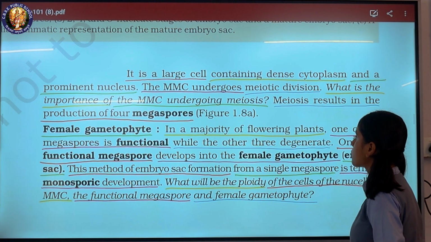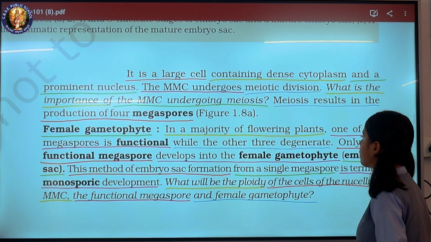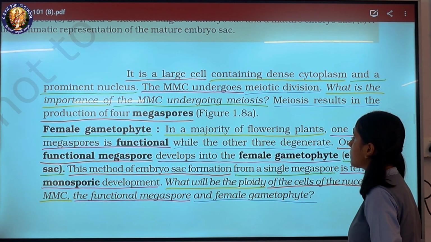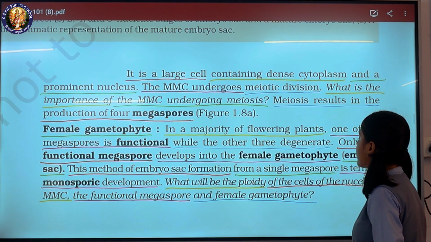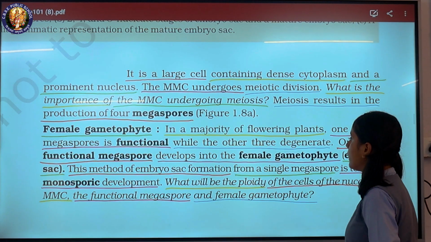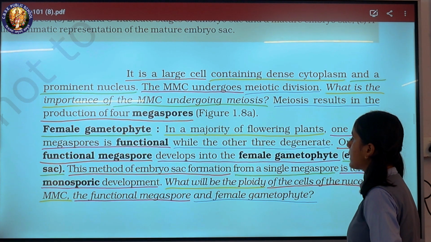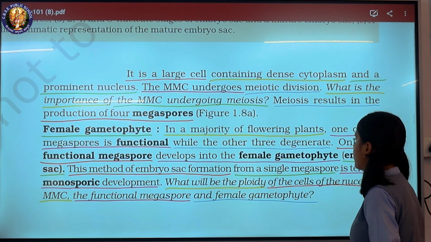Only the functional megaspore develops into the female gametophyte, embryo sac. This method of embryo sac formation from a single megaspore is termed monosporic development. What will be the ploidy of the cells of the nucellus, MMC, the functional megaspore, and the female gametophyte?